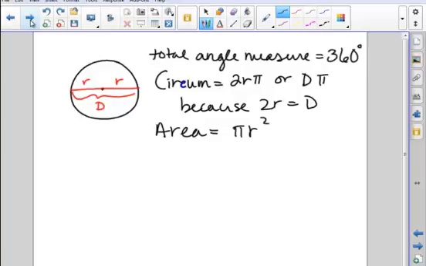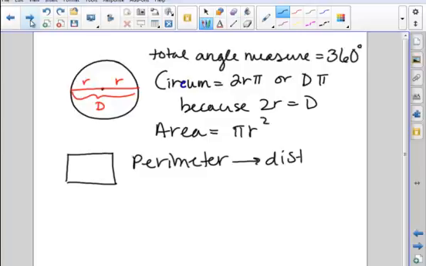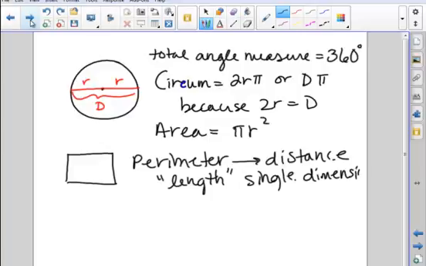I'm going to go to general area and length. Let's go back to squares to explain this. When you talk about perimeter, you're talking about distance, right? And when you're talking about distance, you're talking about length, which is a single dimension, right?